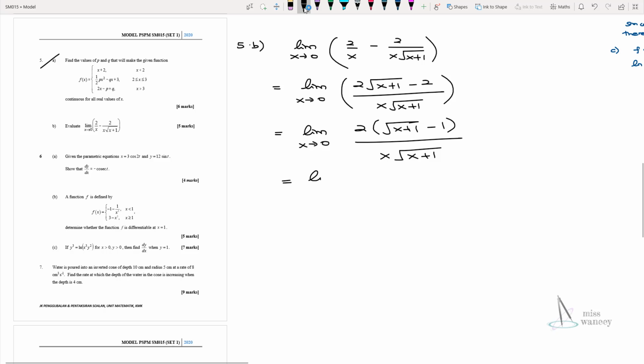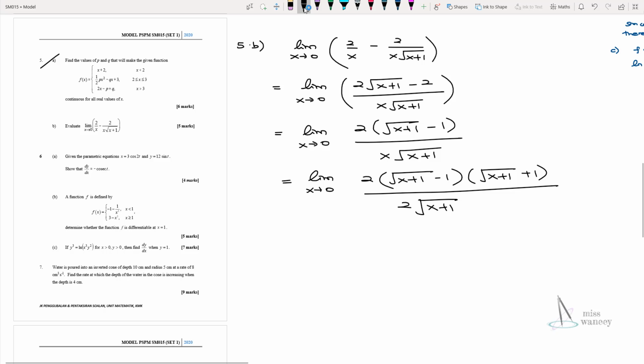So this is the limit as x approaches 0. So 2 square root of x plus 1 minus 1, I'm going to times them with square root of x plus 1 over 2 square root of x plus 1 multiplied with square root of x plus 1 plus 1.